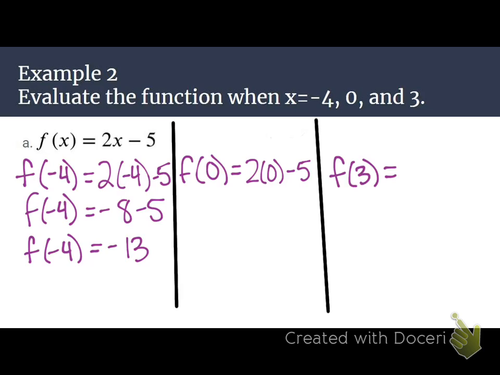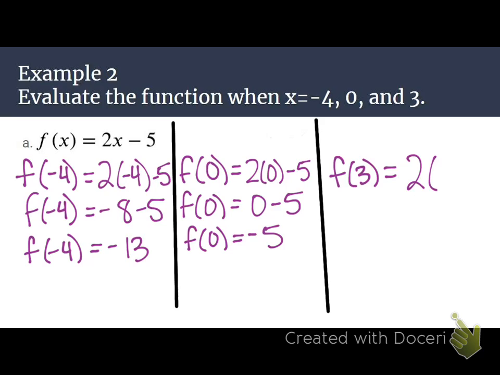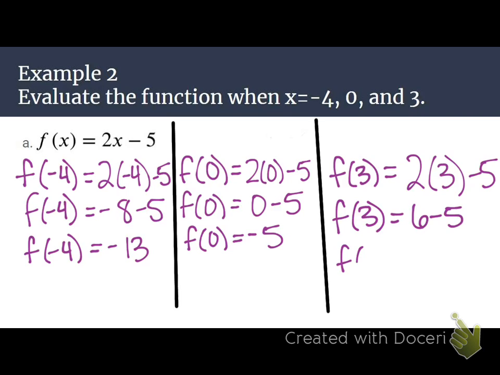We have to take 2 times 0, which is 0, minus 5 gives me negative 5. Last up, we have to plug in 3. So 2 times 3 gives me 6. 6 minus 5 is? 1.